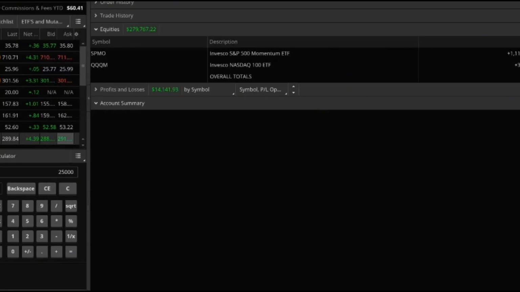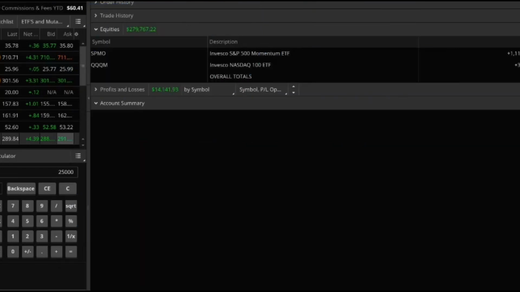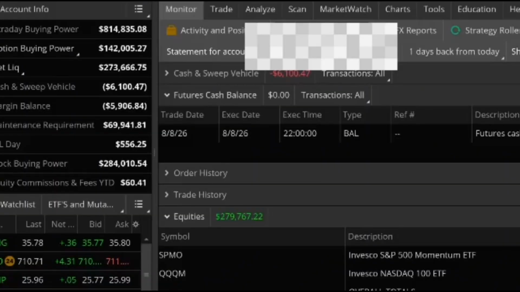That maintenance requirement is essentially a buffer in comparison to how much debt you are in. Okay? So once you understand those metrics, then, you guys, you will more likely never get margin called. Once you understand these metrics, you will never get margin called. Because again, you look at your maintenance requirement and you look at how much debt you owe.